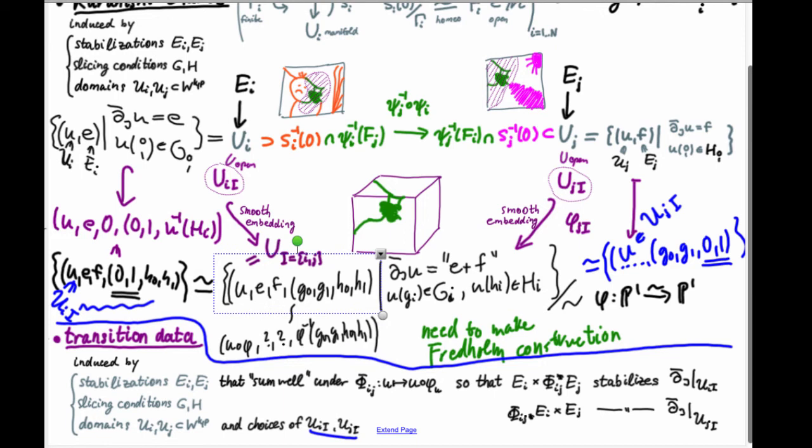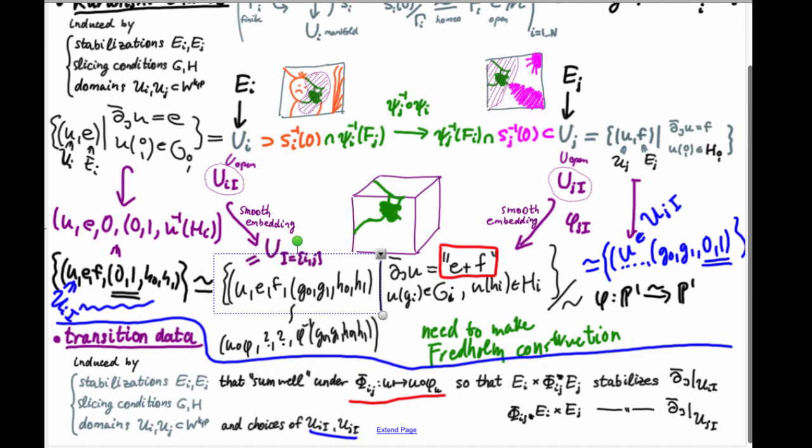And then, what is this sum about? Between these two charts here, there's a transition map, of our favorite form, and I need to be able to pull the stabilization EJ back to here, to get somehow a stabilization of my D-bar operator.